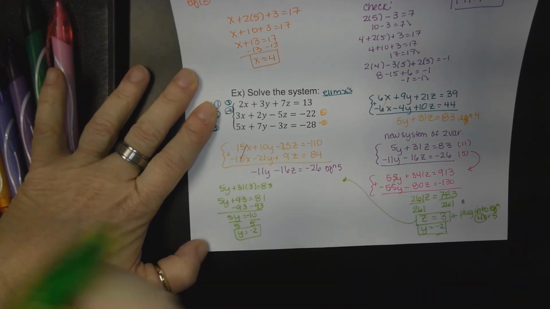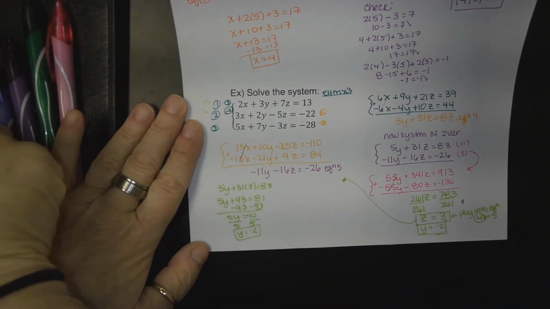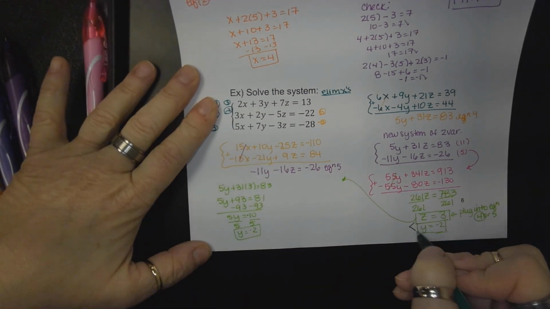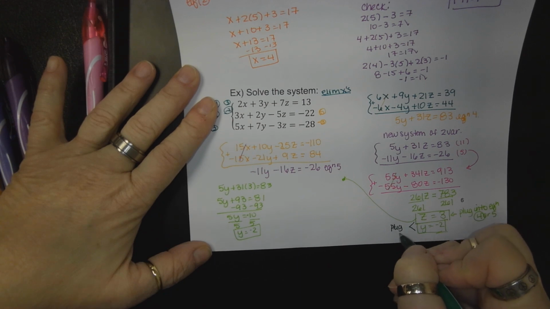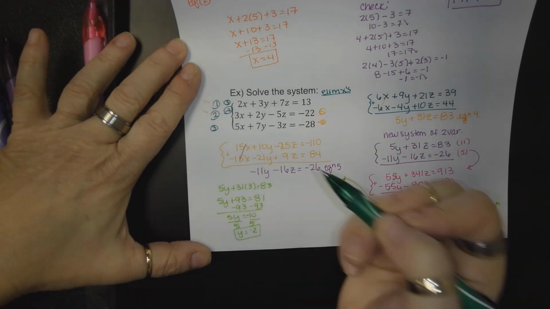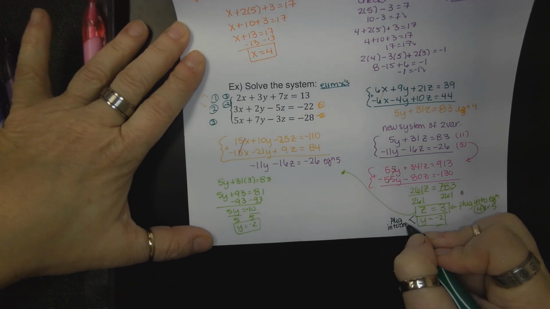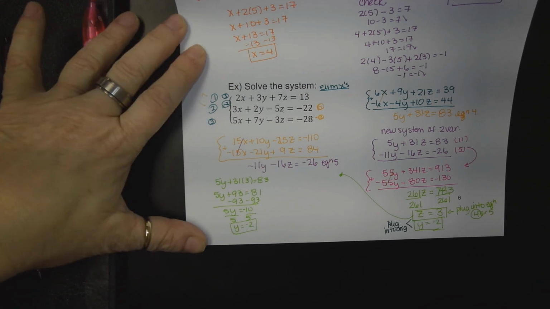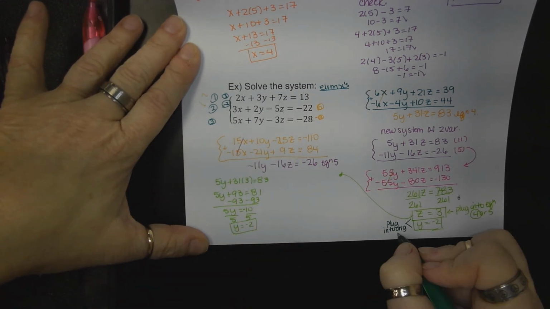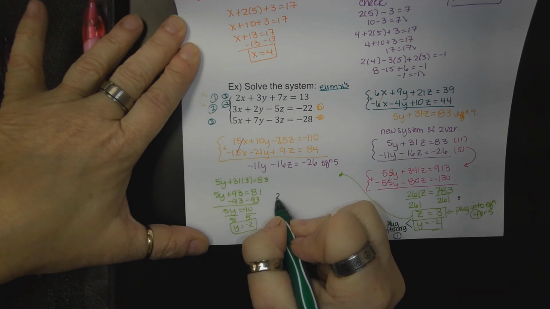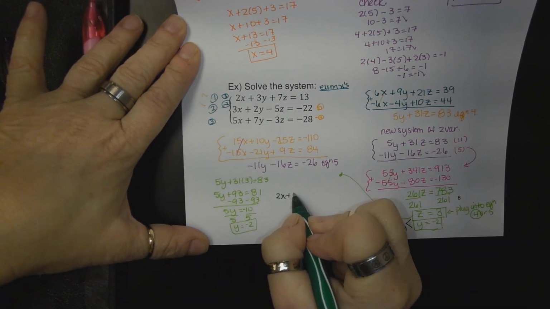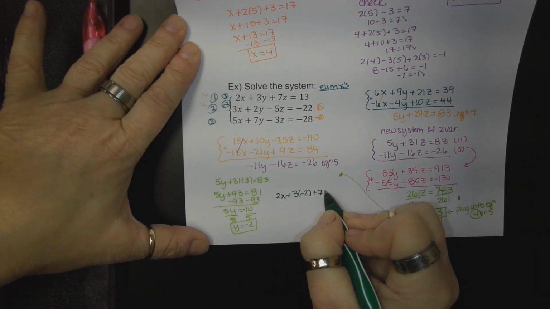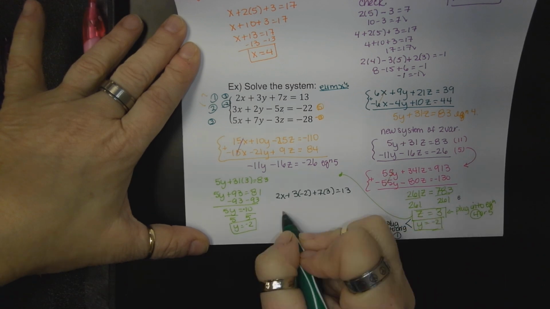So we could plug both of these into different color. So we're going to plug these into one of the originals. Okay? So it doesn't matter which one we picked. I picked number 1, so I'm just going to circle number 1. So I said 2x plus 3 times negative 2 plus 7 times 3 equals 13.